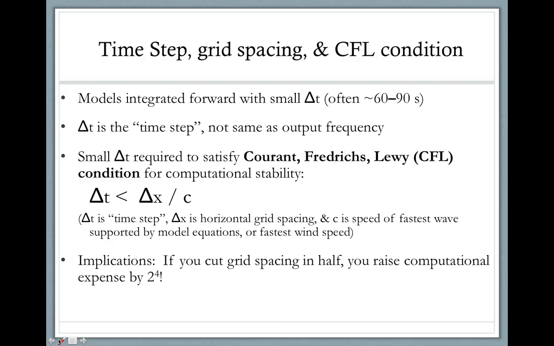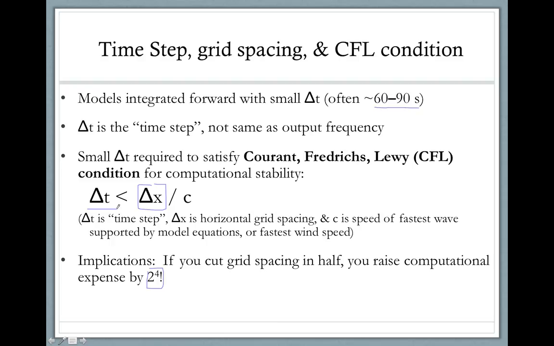And so that's often why our time steps are between 60 and 90 seconds, meaning that basically every minute we have to do the calculations for every single grid point across the entirety of the domain, both in the horizontal and the vertical. By lowering our grid spacing, by lowering this delta x, we greatly increase our computational expense, by 2 to the 4th, because we're going to have to lower the time step. So lowering grid spacing is great, but it also takes really fancy and fast computers to do this.